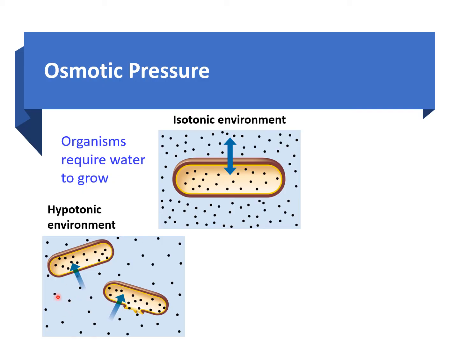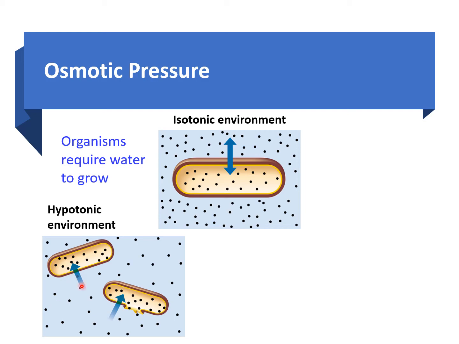Okay, so if there is a bacteria, and this bacteria ended up in a hypotonic environment, what's going to happen to this bacteria eventually? Okay, so we're going to talk one more time about osmosis. We're going to talk about how the water is going to move.